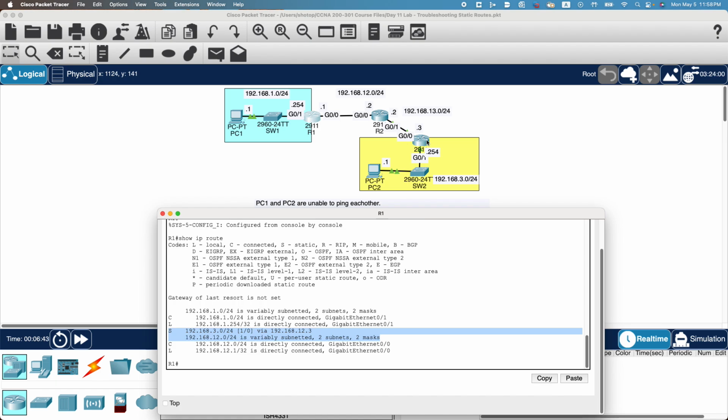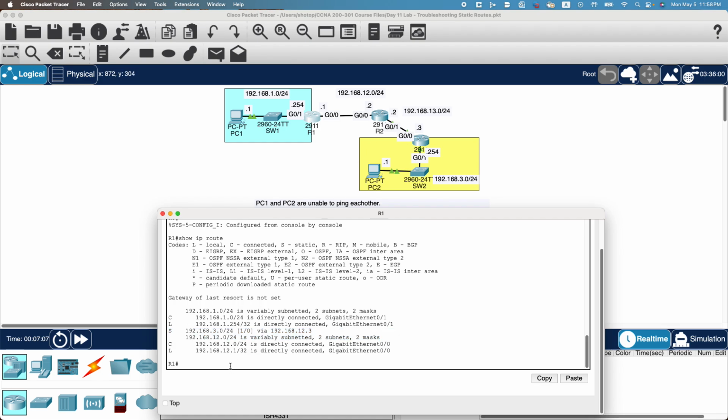I think that is wrong, because it needs to go via its next hop router, which in this case is 192.168.12.2. I think that's the misconfiguration there.